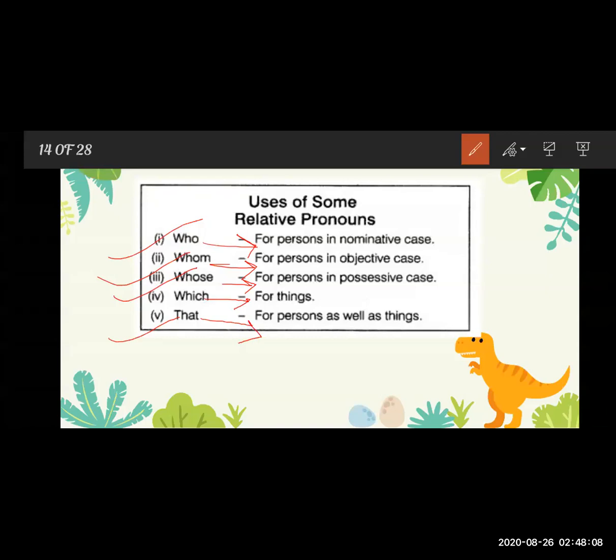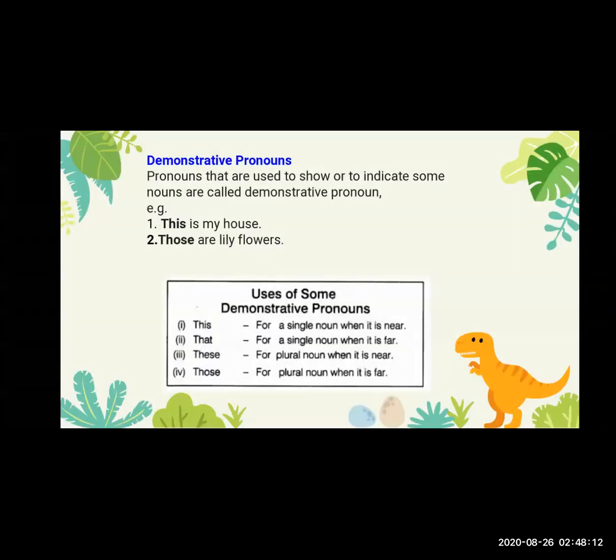So these are the uses of some relative pronouns. Now the next type is the demonstrative pronoun. What is meant by a demonstrative pronoun? The pronouns that point to specific persons or things. Whenever you have to talk about a specific car, you say this car or that car.